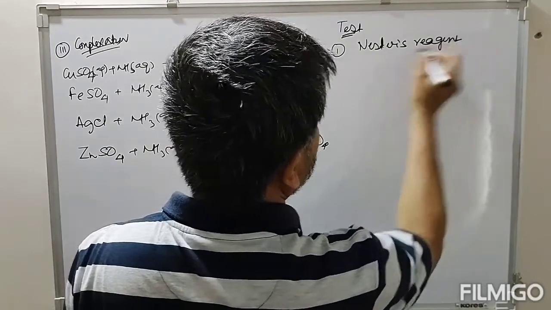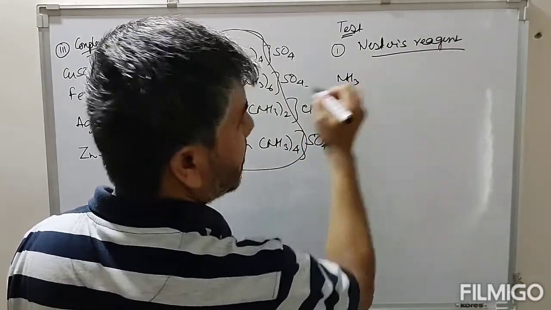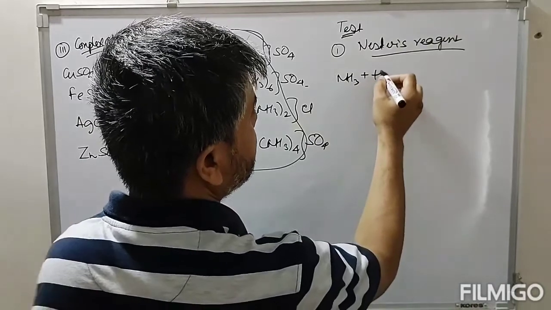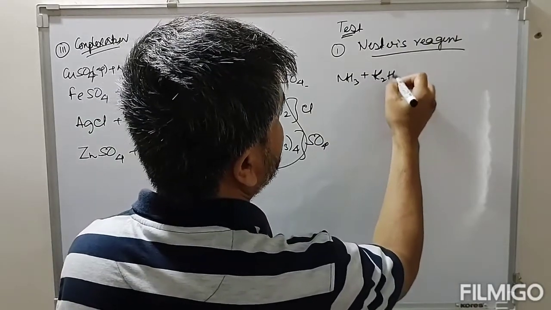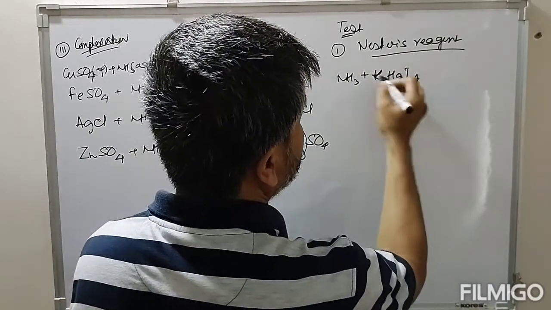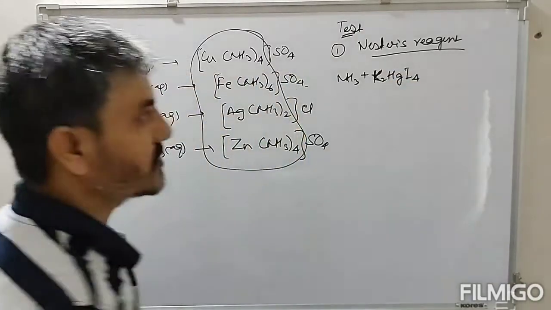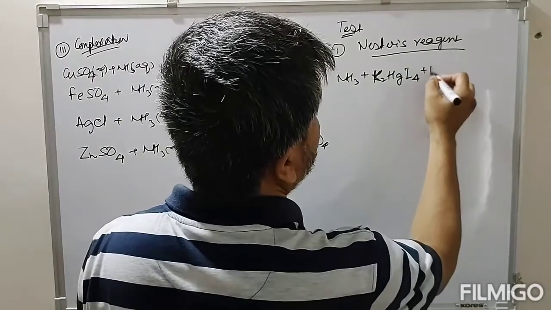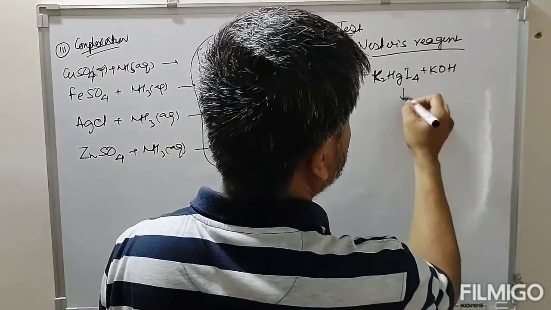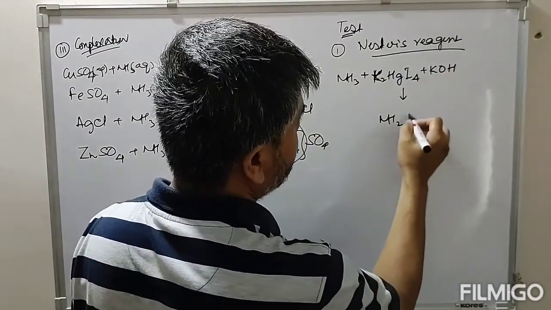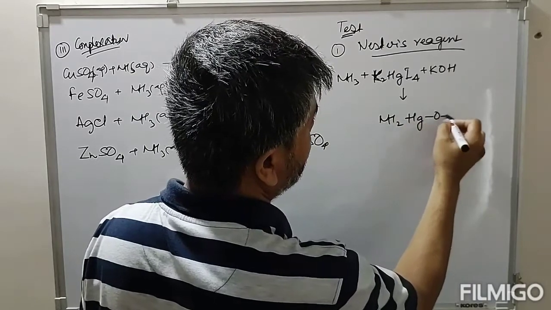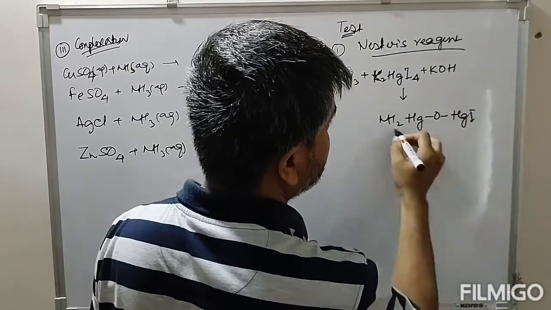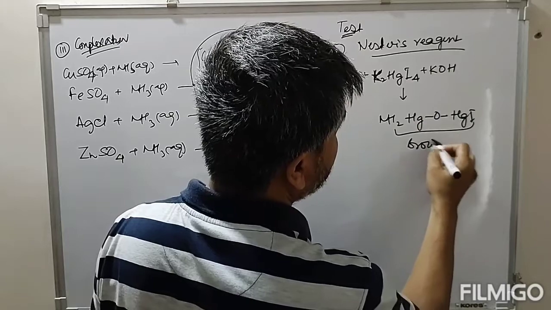Ammonia reacts with Nessler's reagent, K2HgI4, this complex is known as Nessler's reagent, and it gives NH2HgOHgI, a brown precipitate.